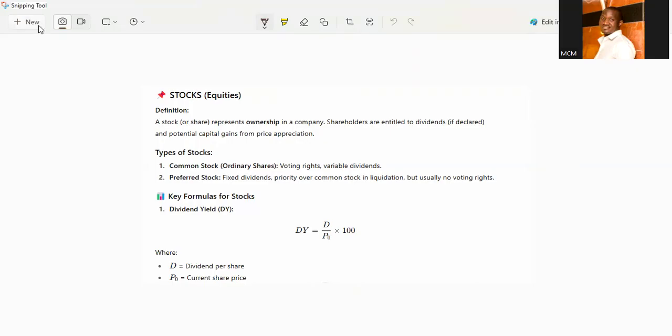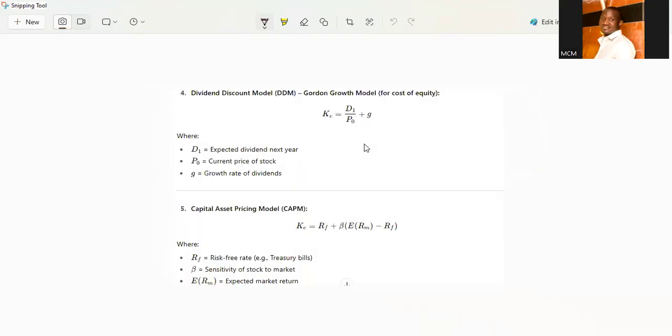So the models that we're going to look at are very paramount for this course, the Gordon model. The Gordon model looks at the calculation of current stock price, which is given by D1 over P0 plus growth. The D1 is expected dividend next year. If you're told dividend was declared this year, it is D0.